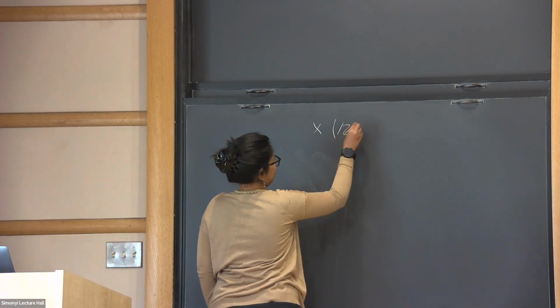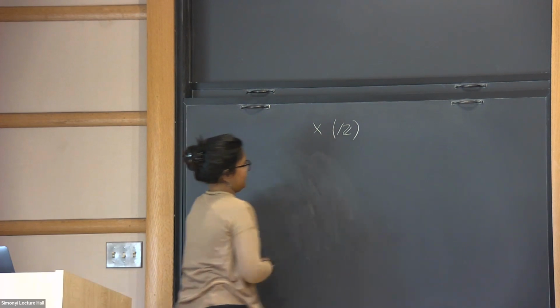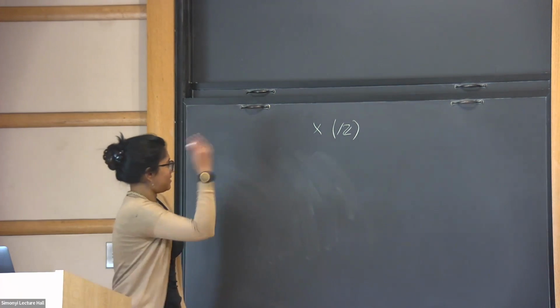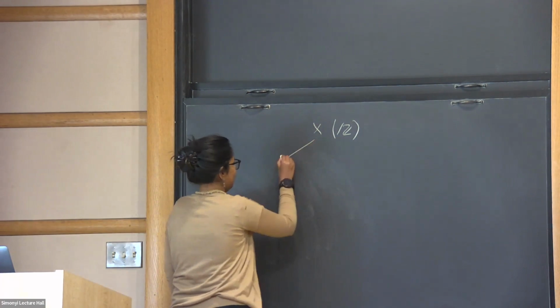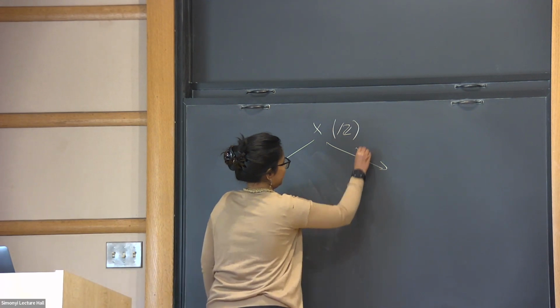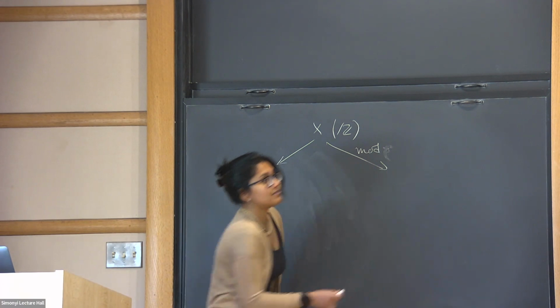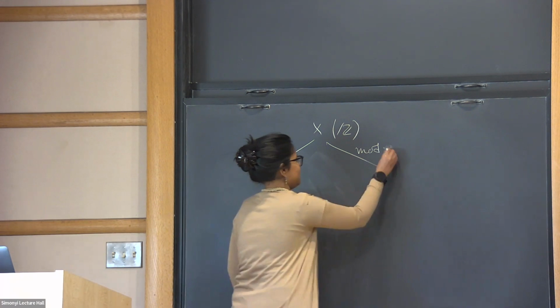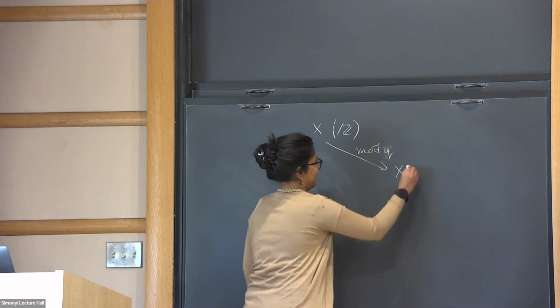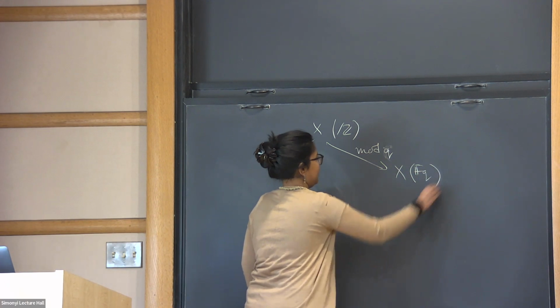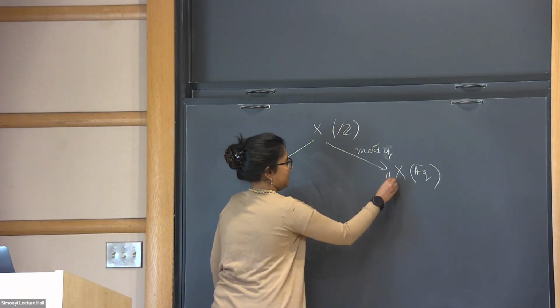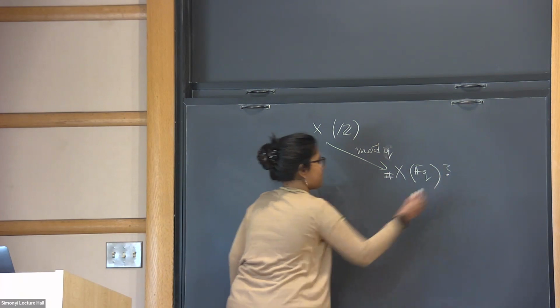Like think of some polynomial over integers cutting some space out, and what one can do is reduce modulo p, or modulo q, to get X over F_q, and one can ask the number of points here.